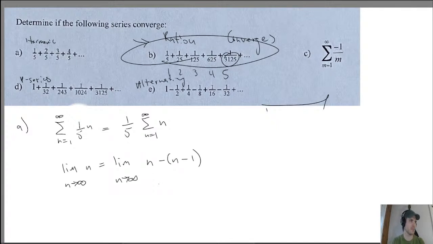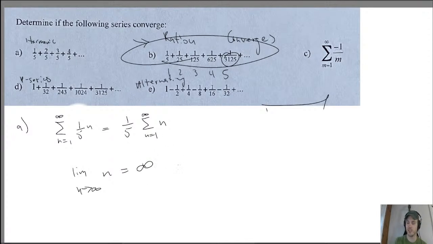Okay, yeah. We just do the limit as n approaches infinity of n equals infinity. So this diverges by the divergence test.